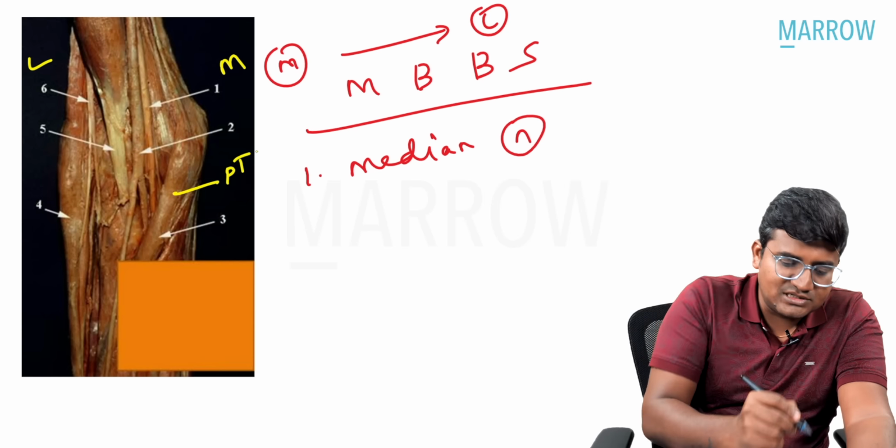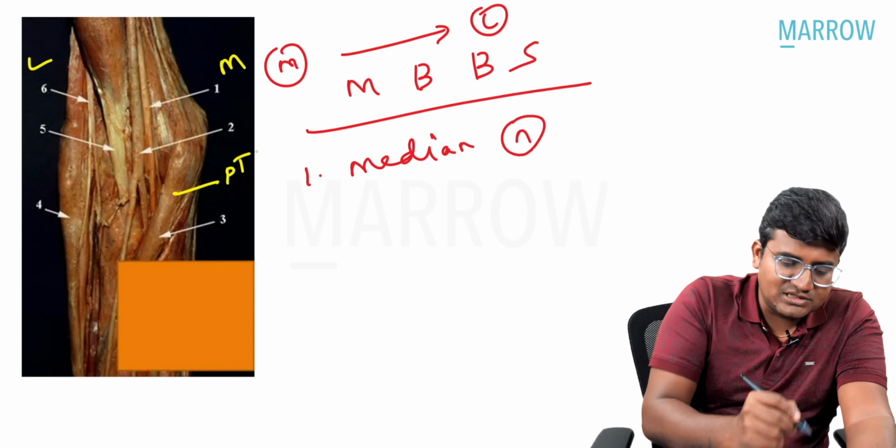Now a post-operative patient of laparoscopic hernia surgery presents with altered sensation at the root of penis. The involved nerve is option A, iliohypogastric nerve, B, genitofemoral, C, lateral cutaneous nerve of thigh, and D, medial cutaneous nerve of thigh. Now for this, you have to know this diagram. The iliohypogastric nerve and ilioinguinal nerve are branches from the lumbar plexus, root value L1.